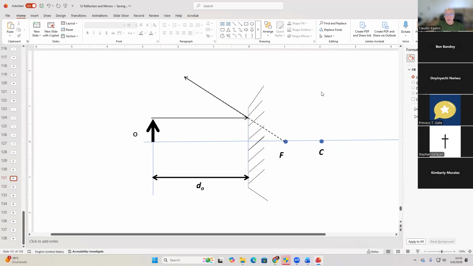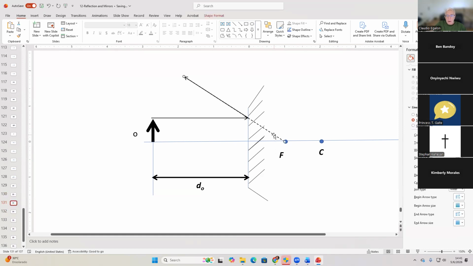Now I don't need this one. I will copy this dashed one, shrink this one, and paste the previous one that I copied.